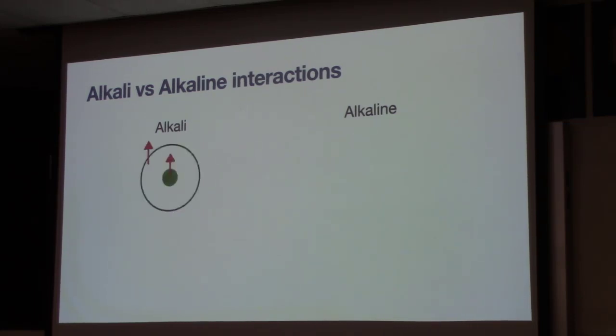If we have an alkali, like lithium or hydrogen, in this case we have hyperfine coupling. What this means is that the nuclear spin gets coupled to the angular momentum. And what this translates to is that when we have a collision between two of these atoms, these collisions do depend on the nuclear spin. In other words, they depend on what the projection of I is.